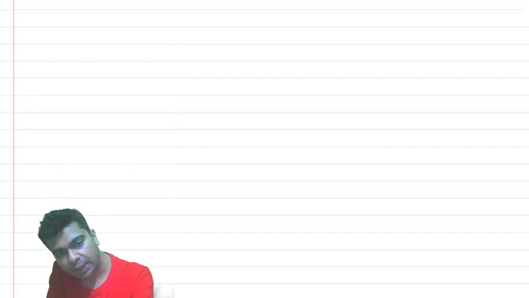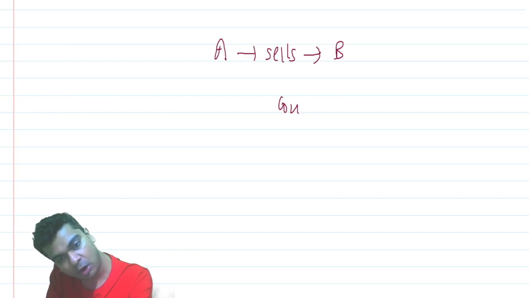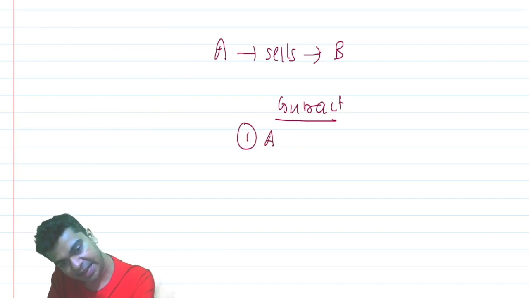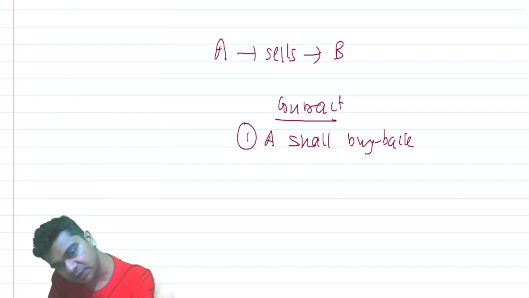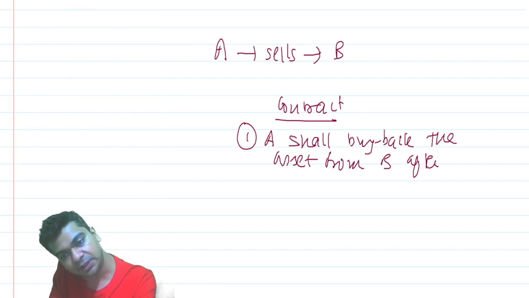Think in this way. A is selling the asset to B. But when you study the contract, the contract says that A shall buy back the asset from B after 5 years.